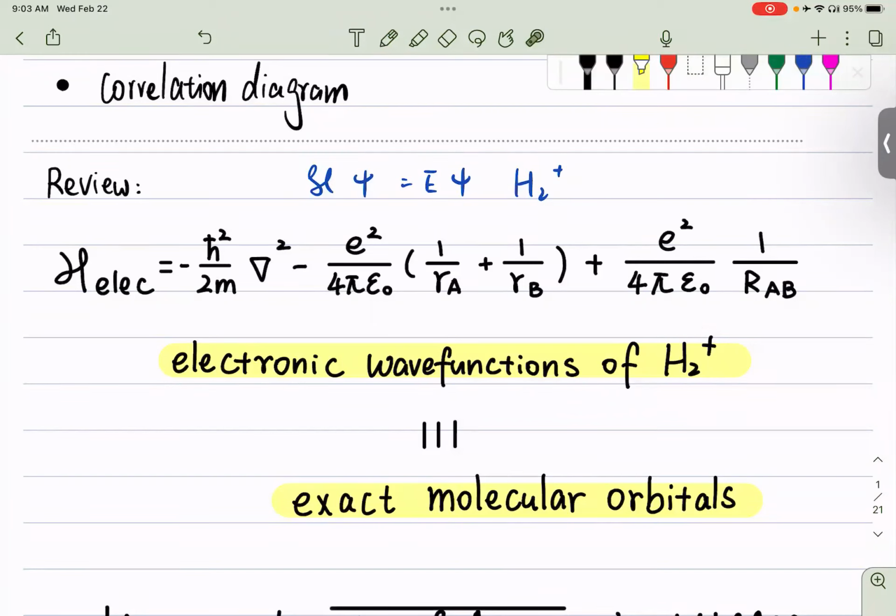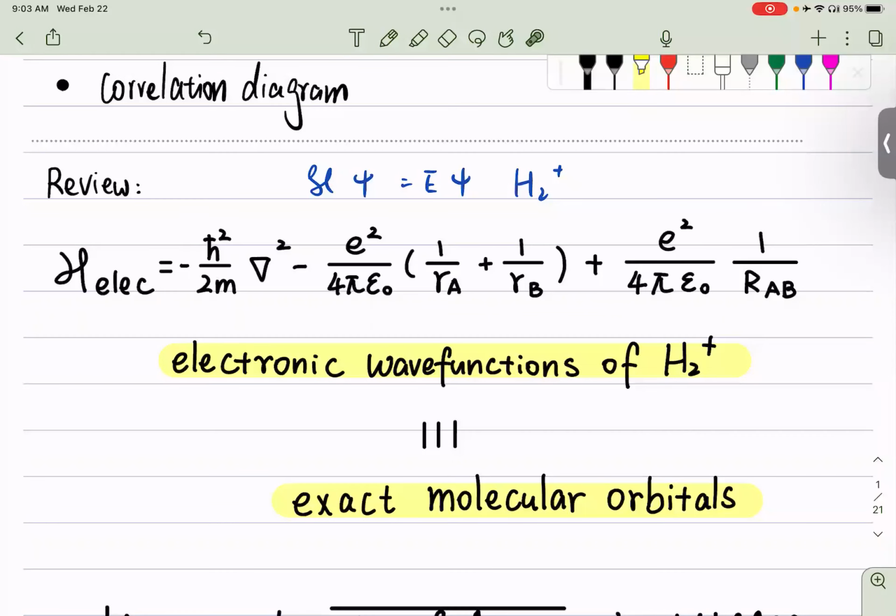These exact electronic wave functions of H2 plus are called exact molecular orbitals. So it's a little bit like atomic orbitals. Molecular orbitals are also solved wave functions. It's a solution of the Schrodinger equation.